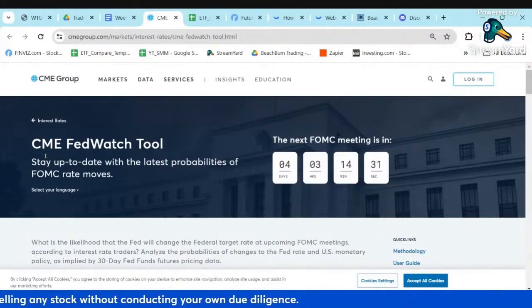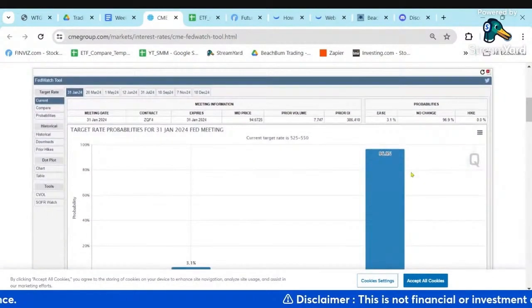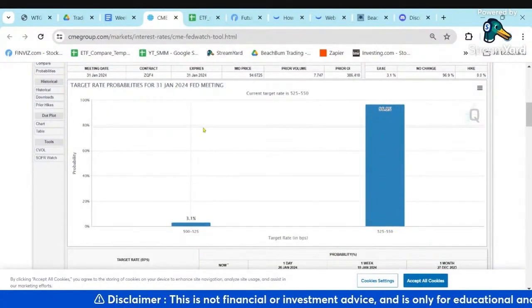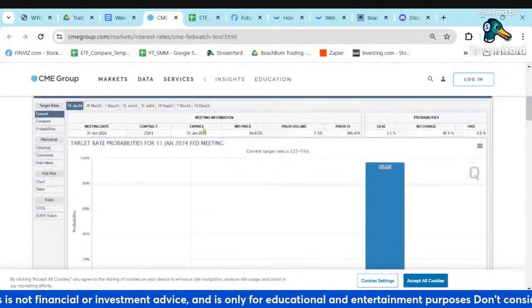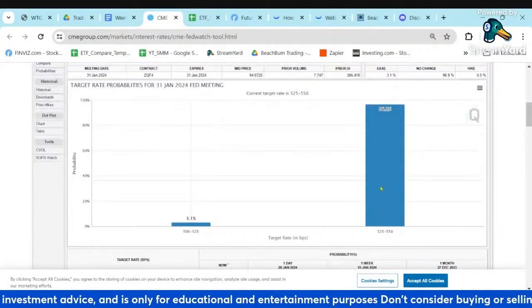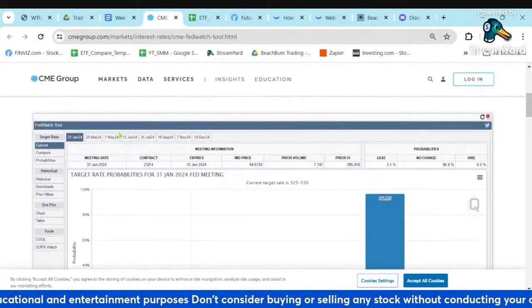So if I use the CME FedWatch tool, again, it's got a clock. We can count down the clock. And very similarly, we can see the various predictions for the various meetings pretty quickly in the FedWatch tool. So we can see a very high percent chance of no changes in January.